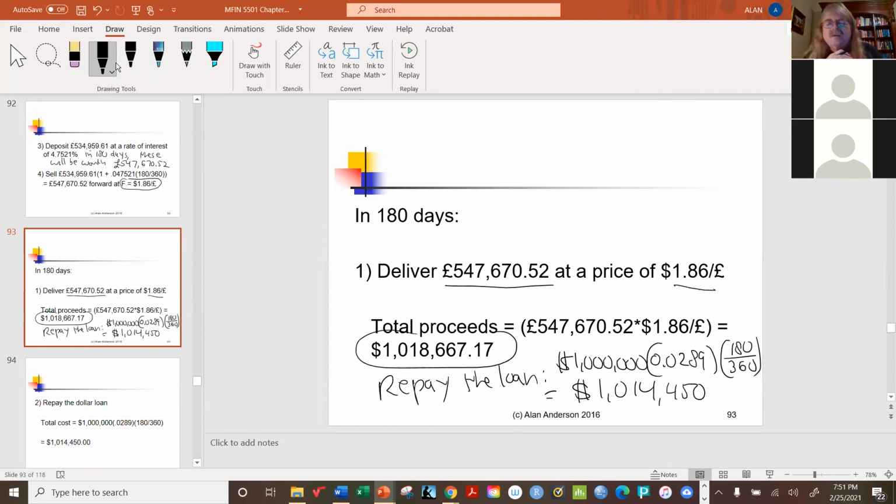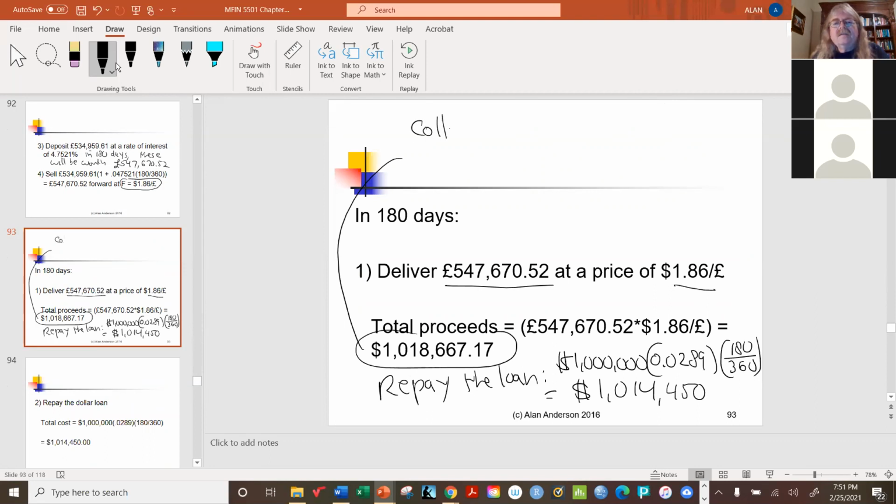So what just happened? Well, you somehow managed to arrange it so that no money came out of your pocket, and in 180 days, you're going to receive from your contract 1,018,667.17.